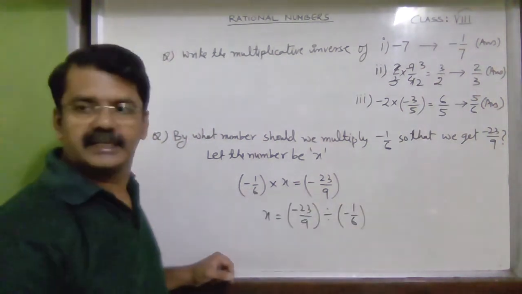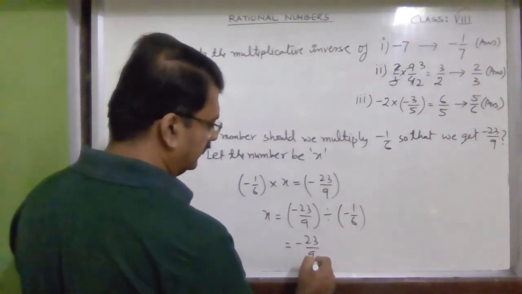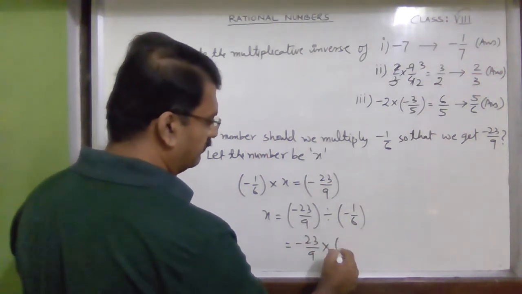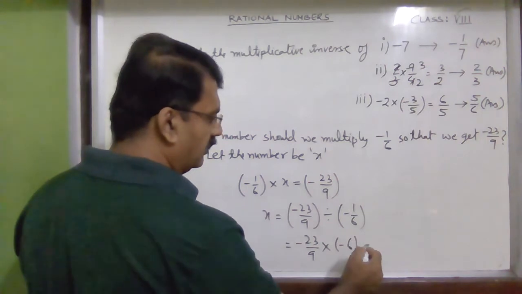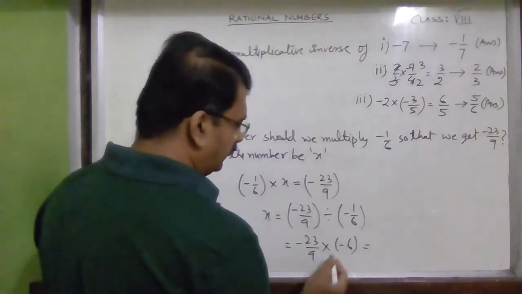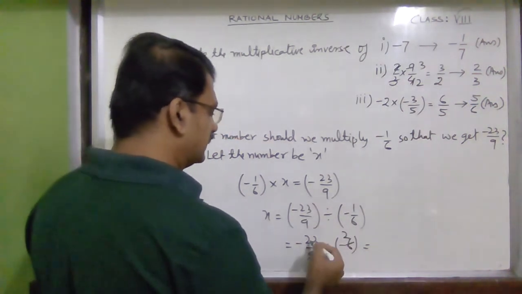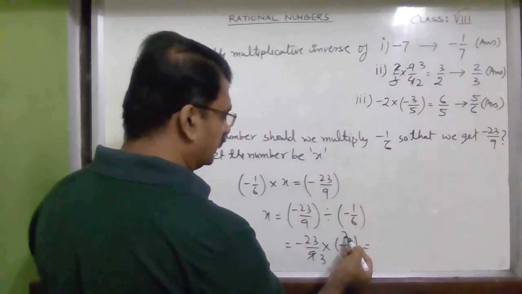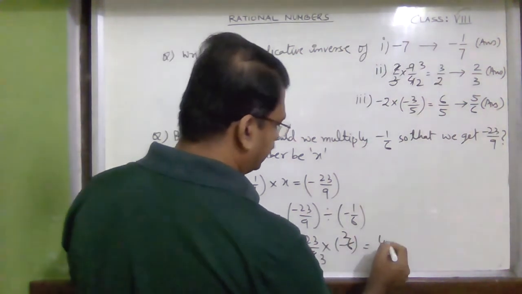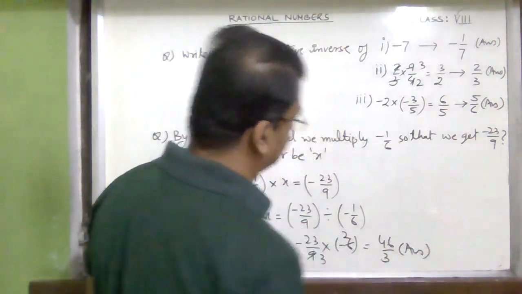Can you take it to that side? Or we can say minus 23 by 9 multiplied by minus 6. Now minus into minus becomes plus, and when you cancel it by 3, it is 23 into 2 is 46. So 46 by 3. So the answer is 46 by 3.